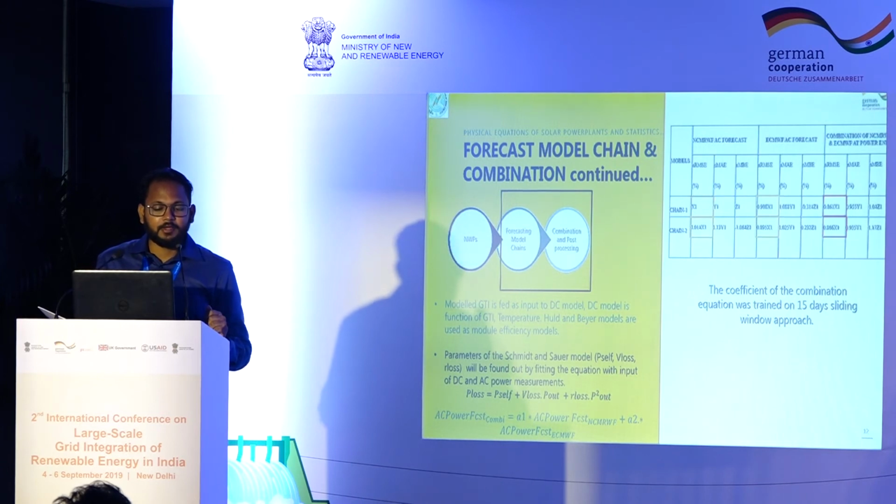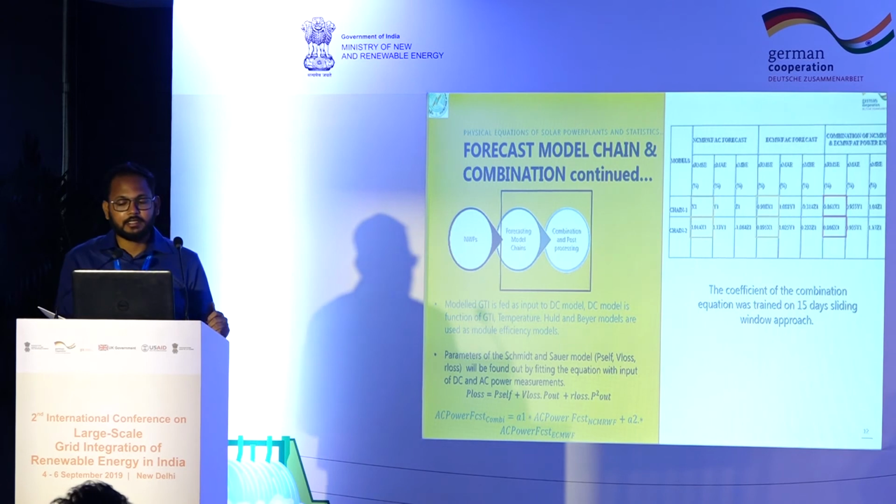Finally, after getting the modeled DC, we use the Schmidt-Sauer model, which models the intrinsic losses, ohmic losses, magnetizing losses, all losses into the picture. And finally, we calculate the AC power forecast at the power end.